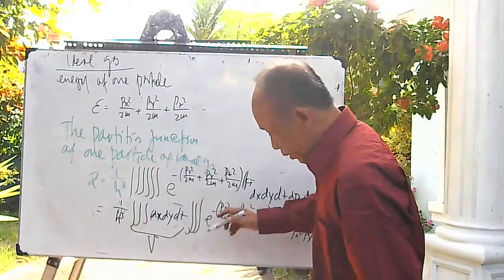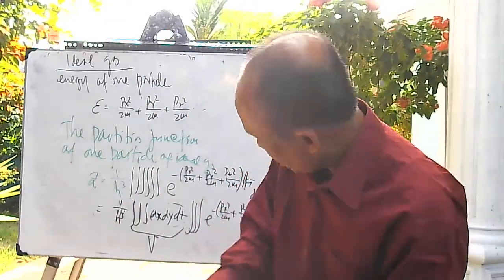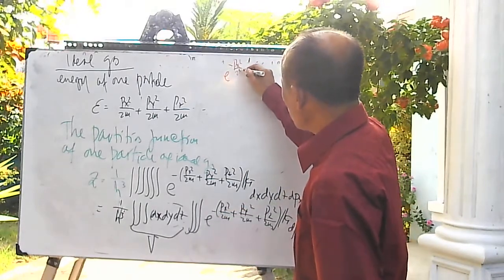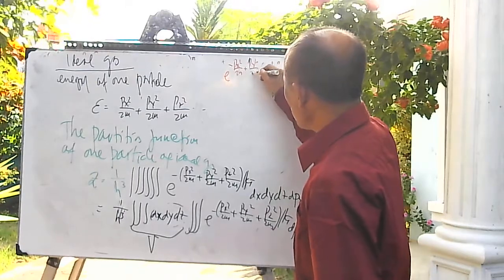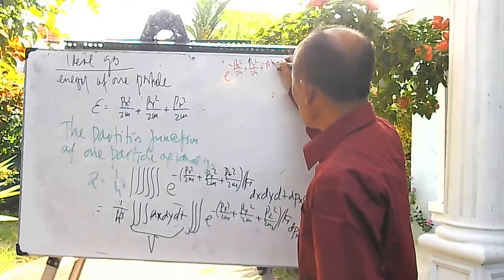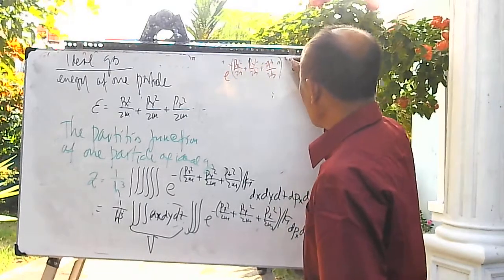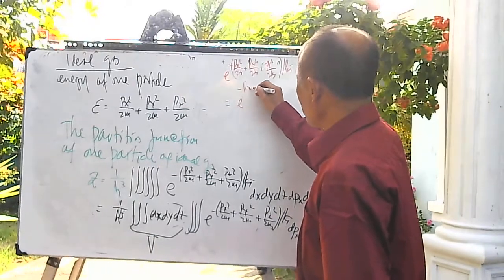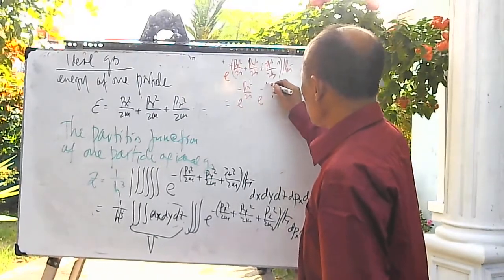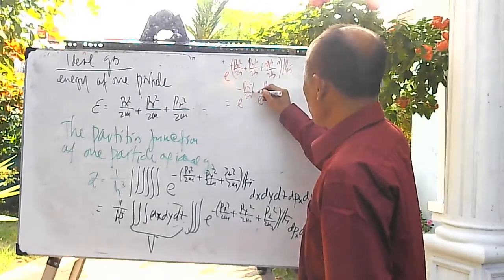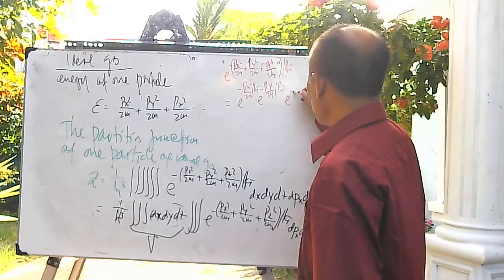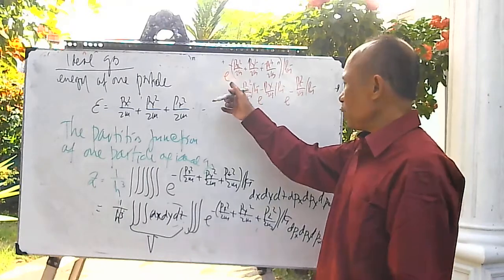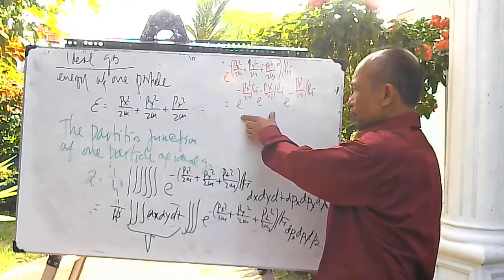And now, again, let us consider this one. We can write exponent minus px squared over 2m plus py squared over 2m plus pz squared over 2m, divided by kT, and separate it into three multiplications: exponent minus px squared over 2m kT, exponent minus py squared over 2m kT, exponent minus pz squared over 2m kT. So the summation can be separated into multiplication.